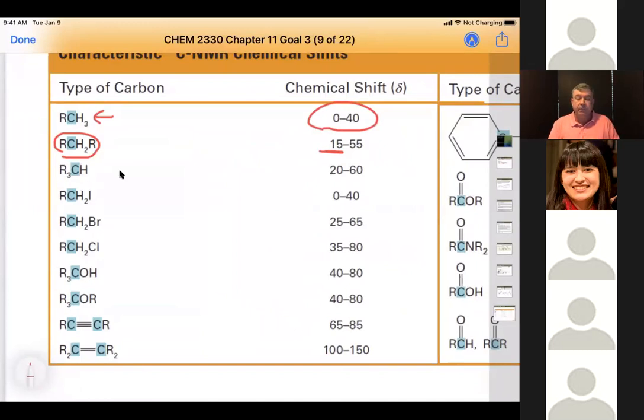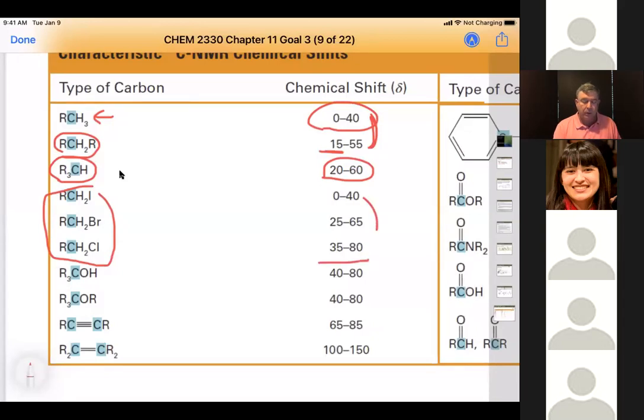So see how it's shifted above, but it's still in that 0 to 50 range. If we take one more hydrogen off, it shifts above, just like it did in proton NMR.